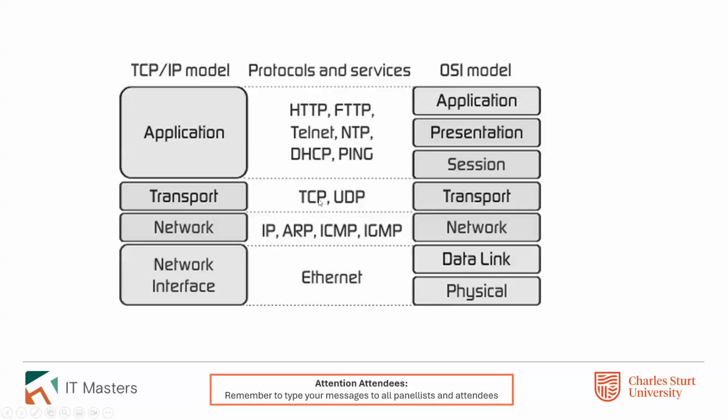Above IP, you have TCP and UDP. So you've got a transport communications protocol, and you've got a user datagram protocol. Those 2 protocols provide different classes and types of service to applications. So typically a web browser uses TCP. TCP is designed as a session-based protocol.